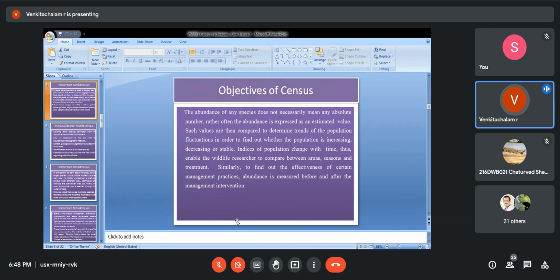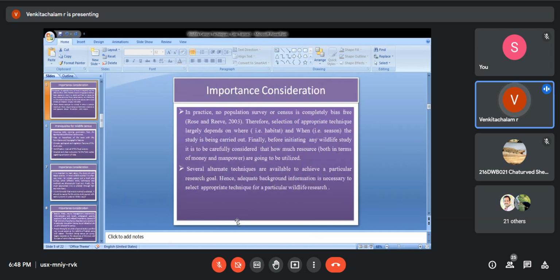And next one is, what are the important considerations? In practice, no population survey or census is completely unbiased. This is true, isn't it? We also miss out some things while doing our census.